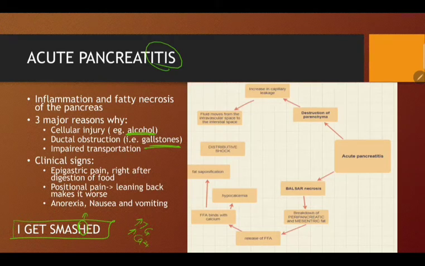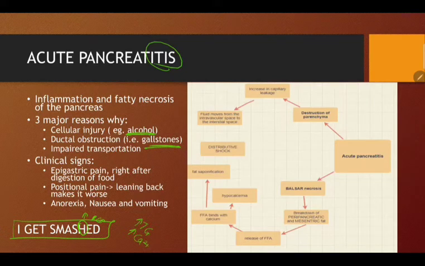E again is for ERCP, which is a diagnostic tool used to find lesions in the pancreas, in the gallbladder, etc. And D for drugs. Either way, any of these causes can lead to three major reasons as to why we have inflammation.